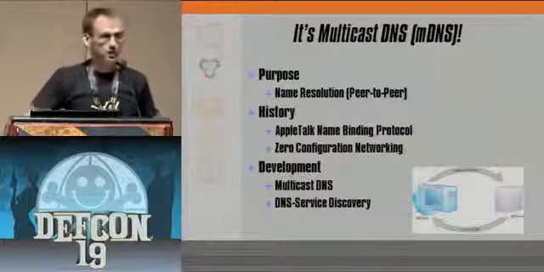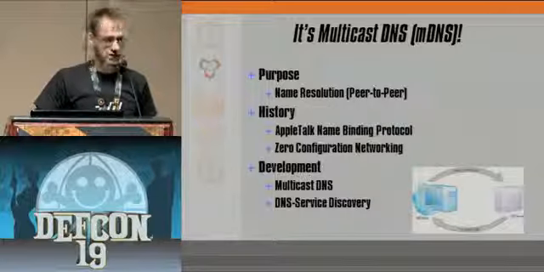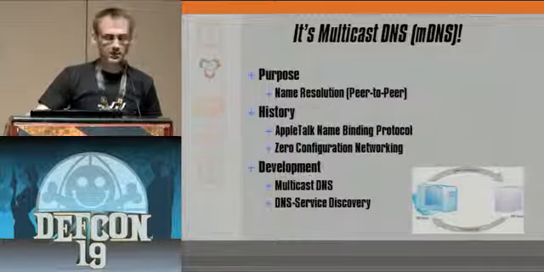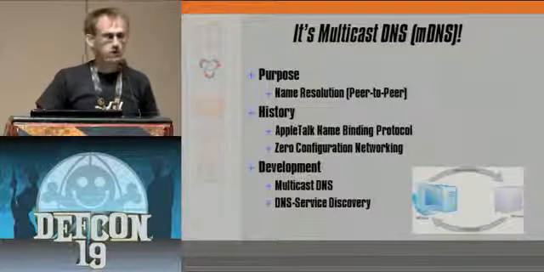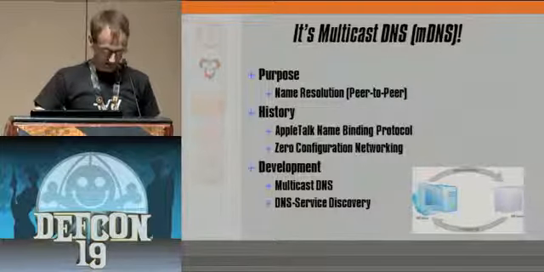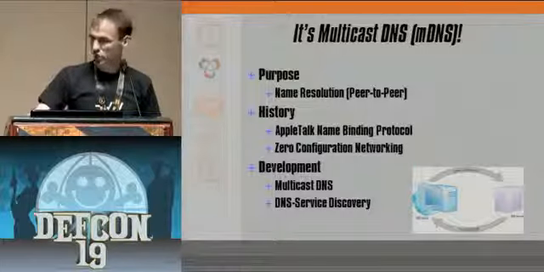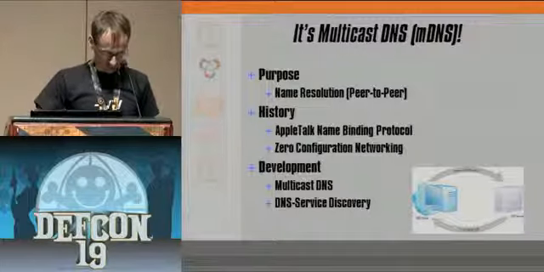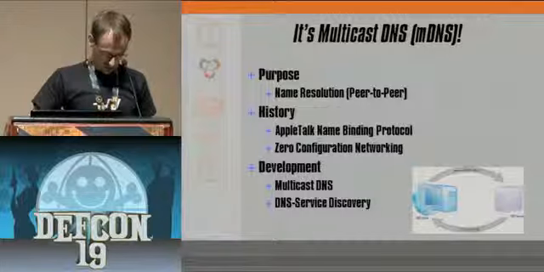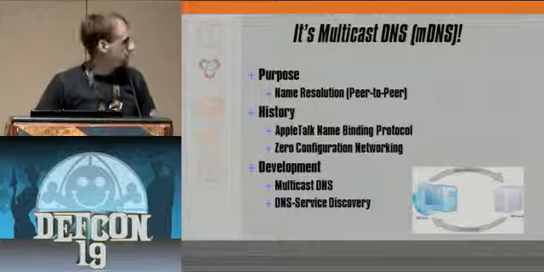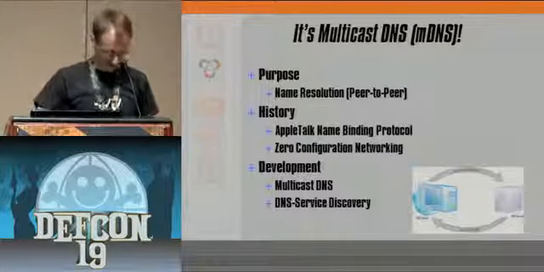It is multicast, or it was multicast DNS. And the purpose of multicast DNS is peer-to-peer name resolution. It does have a history. Multicast DNS is the successor to the AppleTalk Name Binding Protocol, and it was eventually added to Apple's zero configuration networking initiative.